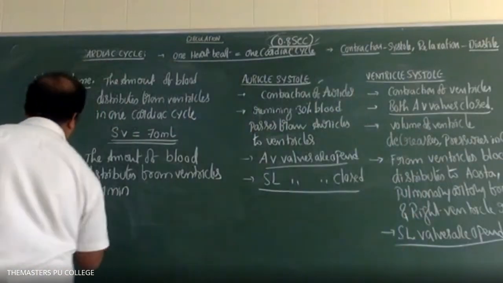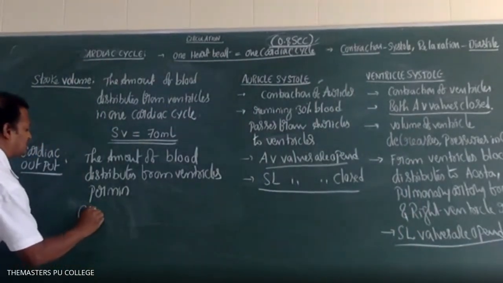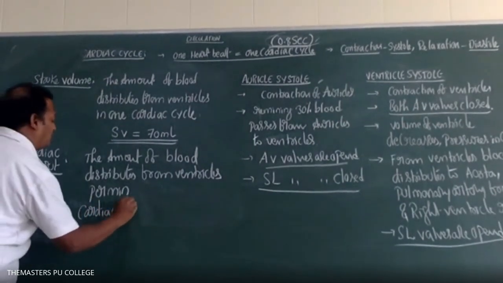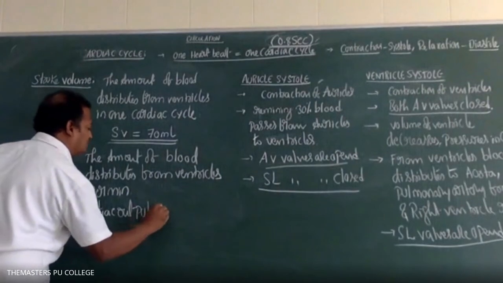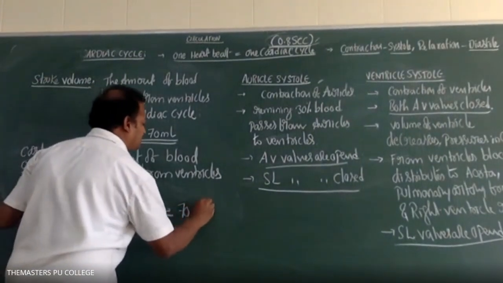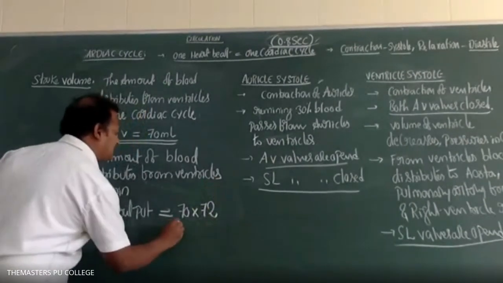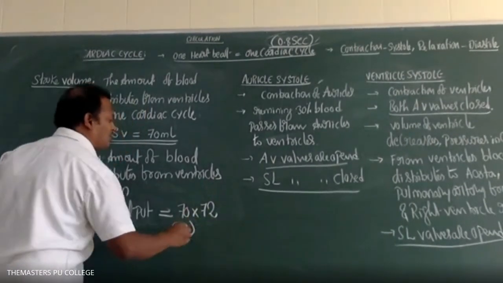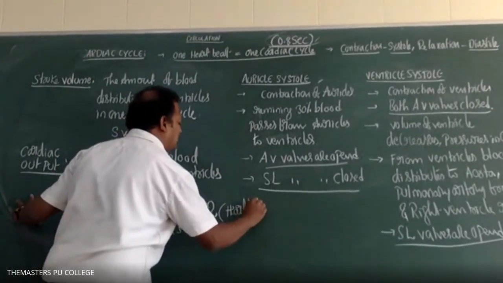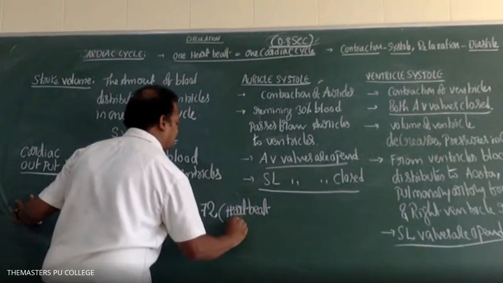So cardiac output equals 70 into 72. 70 is nothing but SV, stroke volume, and 72 is the number of heartbeats per minute.